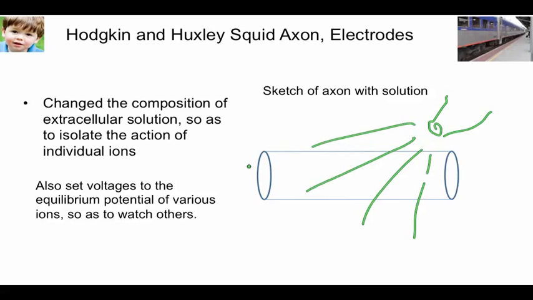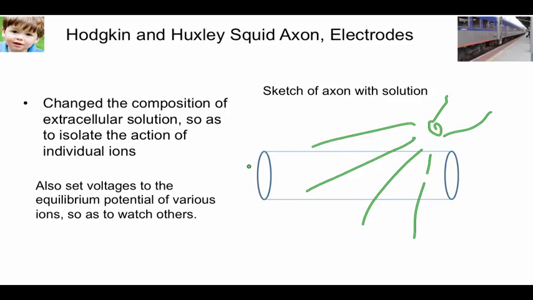They could change the composition of the solution outside the axon, and by changing the composition of the solution, they could introduce solutions that had more sodium ions or fewer sodium ions or more potassium or less potassium, or whatever compositional changes they wanted to have. As you know, when you change the concentration of the ions, you change the Nernst potential across the membrane.